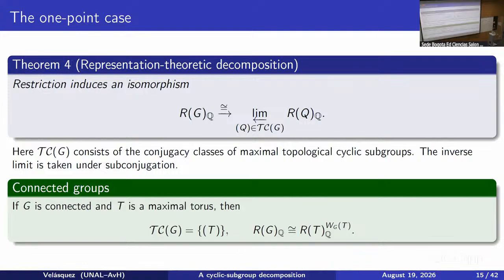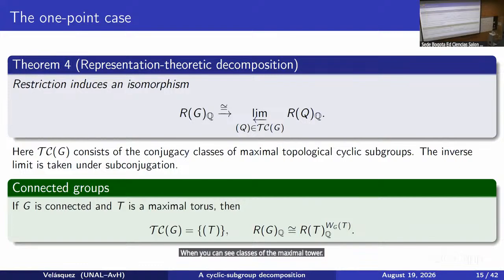What happens with connected groups? I previously said that when the group is connected, maximal topological cyclic subgroups correspond to maximal tori. Then this family, in the connected case, is just the conjugacy classes of the maximal tori.